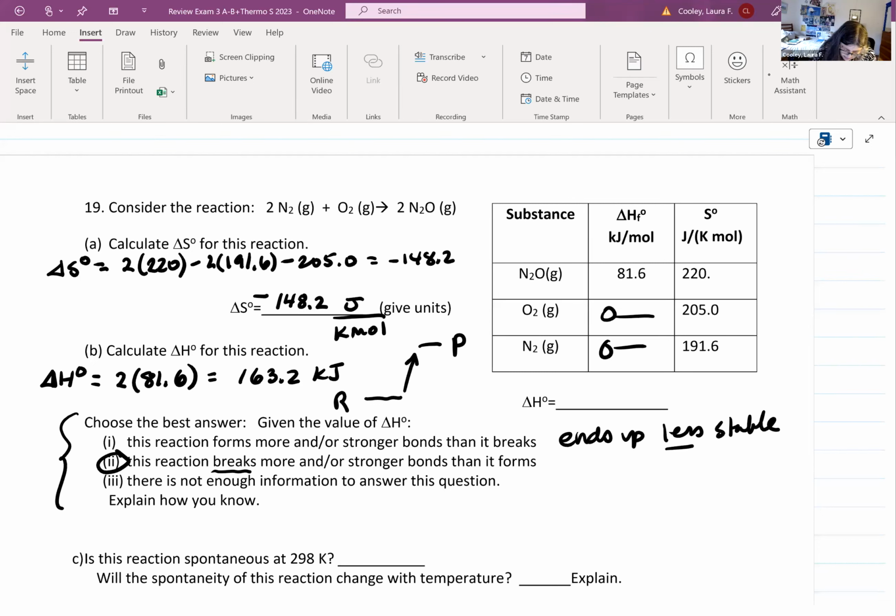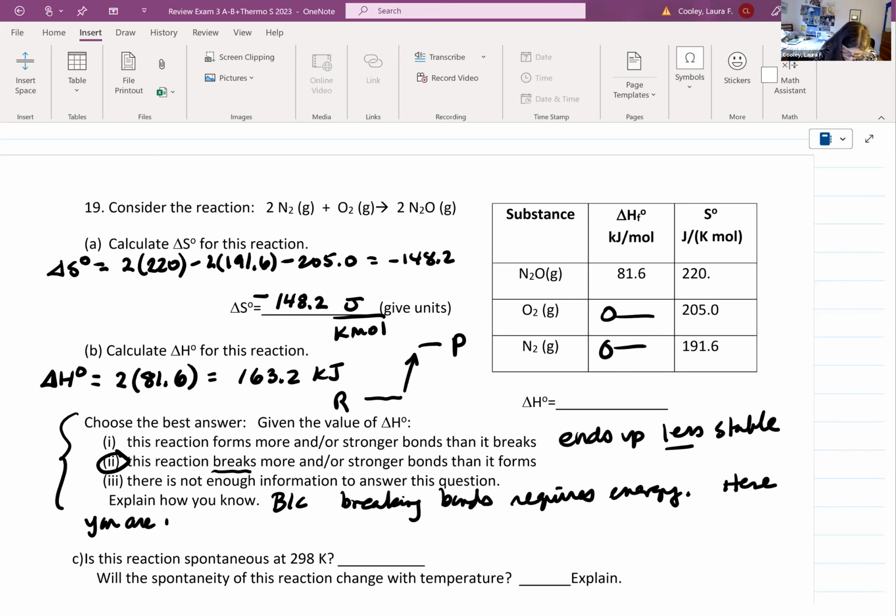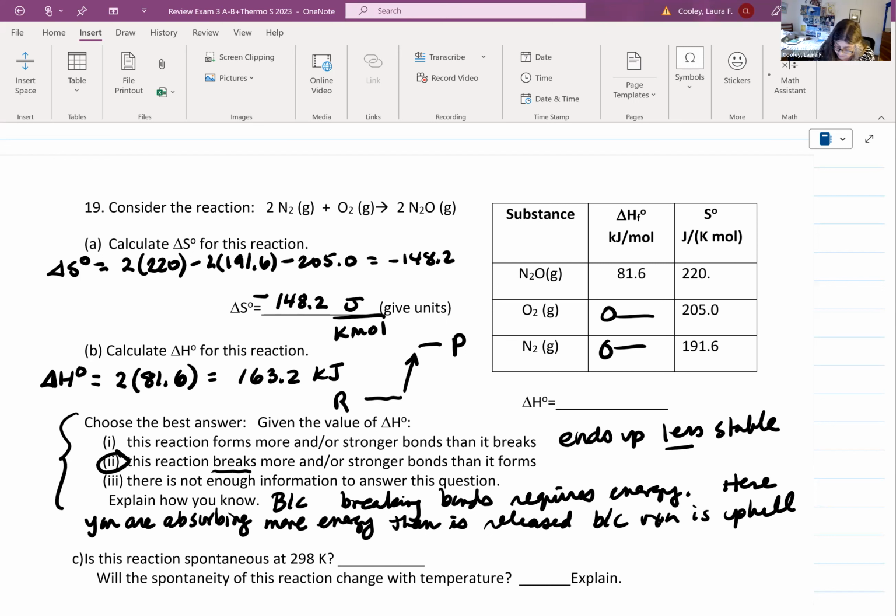So yeah, it's 2. You're absorbing more energy than is being released, and I know that because the reaction is uphill.